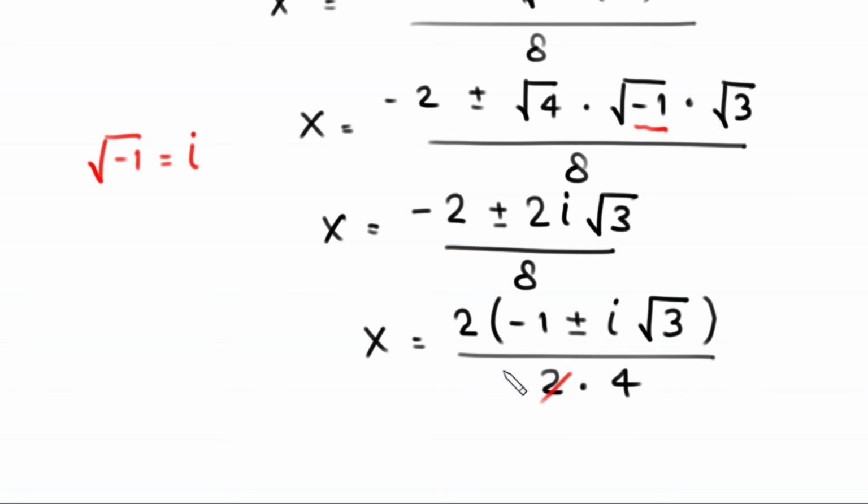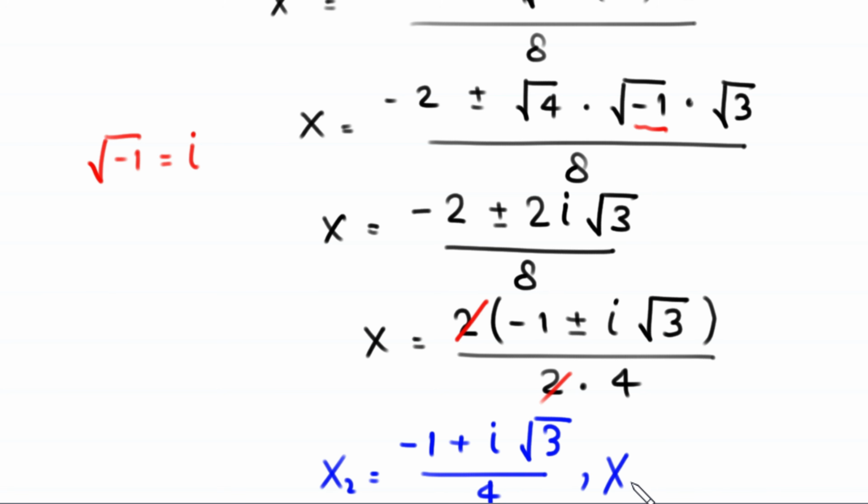So this 2 will be cancelled out with this 2, and from here we get 2 values of x. x2 is equal to negative 1 plus i times root 3 divided by 4, and x3 is equal to negative 1 minus i times root 3 divided by 4.